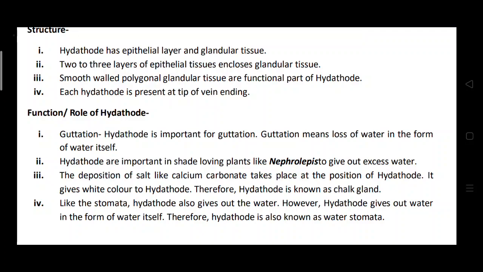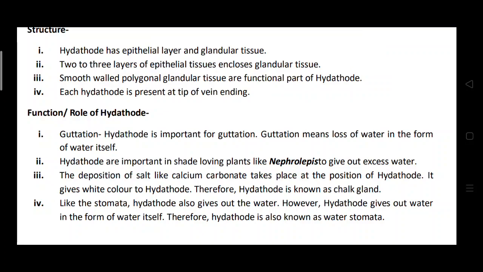In pteridophytic plants, most of the plants are shade loving. So in that case, these hydathodes play an important role. They help to give out some excess water from the plants.